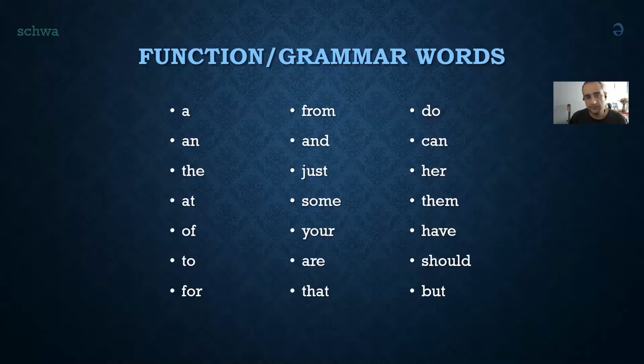I just want to leave. Can you give me just $5, right? Some is usually some, not some. Your is usually just your. You know, can I see your phone? Can I see your phone? Not your, can I see your phone?